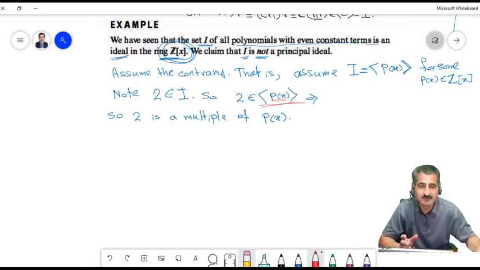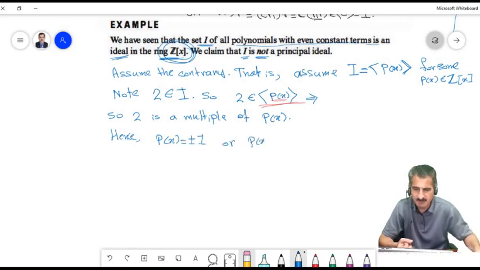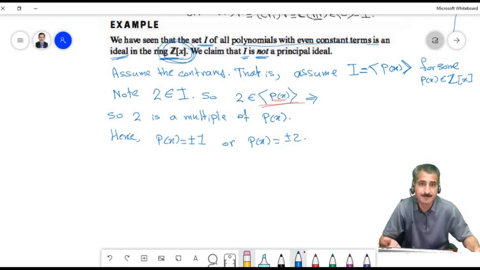Okay? Now 2 is a multiple of p(x). So what could p(x) be? What are the elements that have 2 as a multiple? They are only p(x) equals plus or minus 1, or p(x) equals plus or minus 2, because 2 is a multiple of these only.